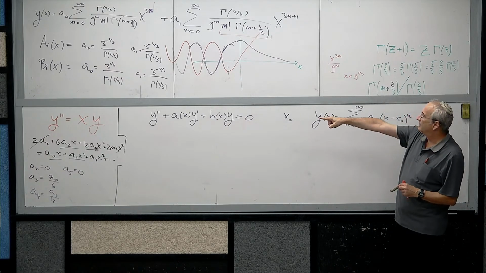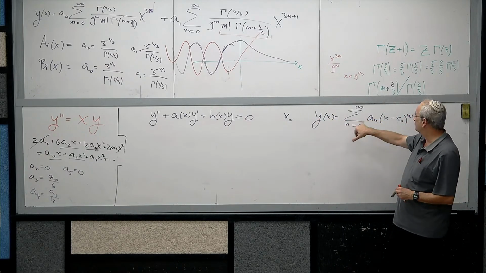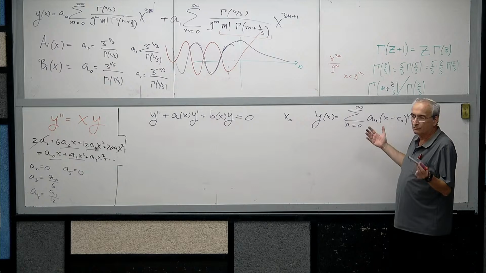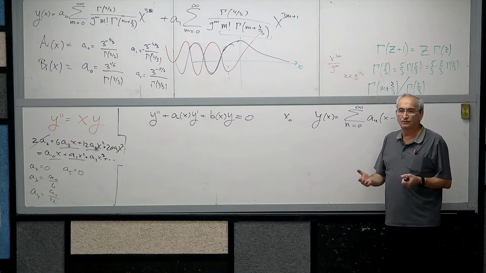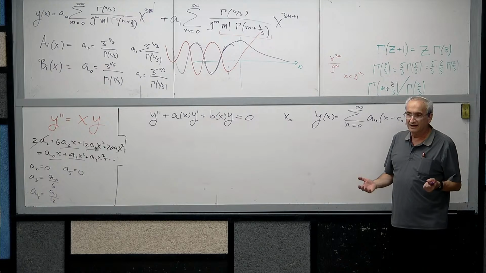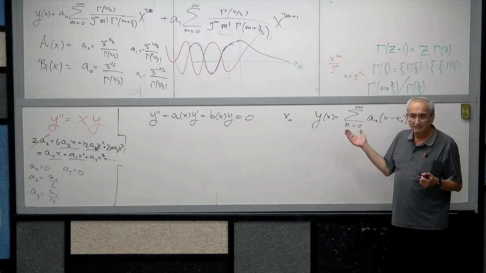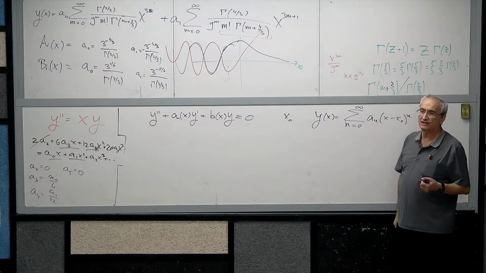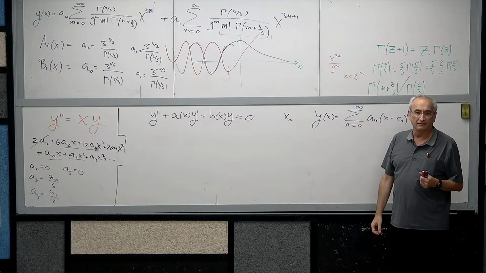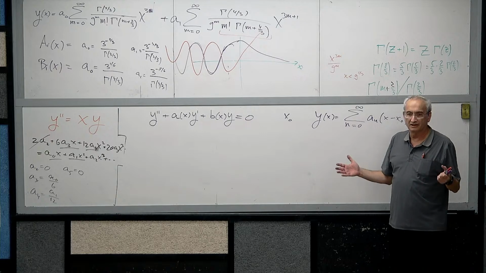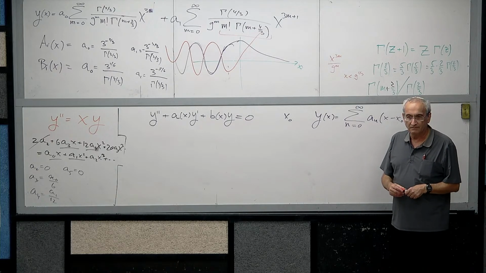In the Airy example, I expanded when x naught was 0, but this is not necessary. I can write an expansion around x naught equals 5. It's a headache, but it's doable, and so on and so forth. And of course, I can write an expansion around x naught equals i. It shouldn't be real. It can be imaginary. x naught may be an imaginary number.